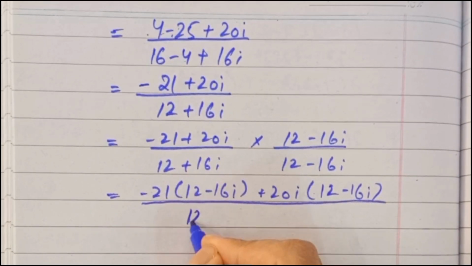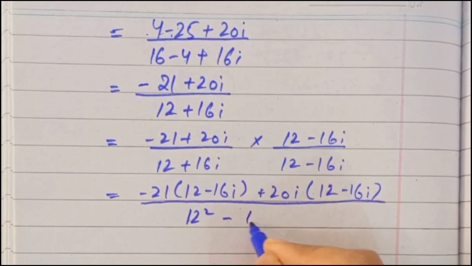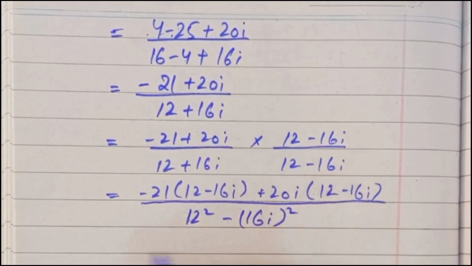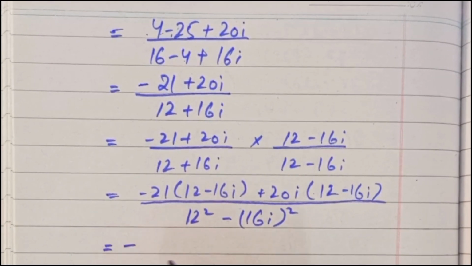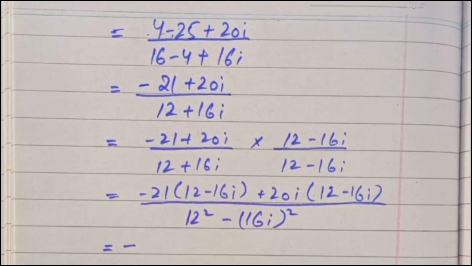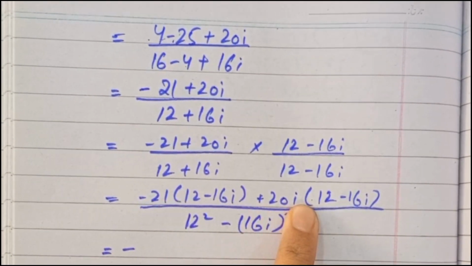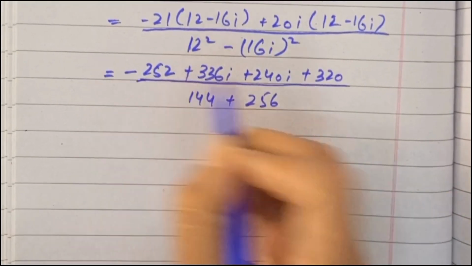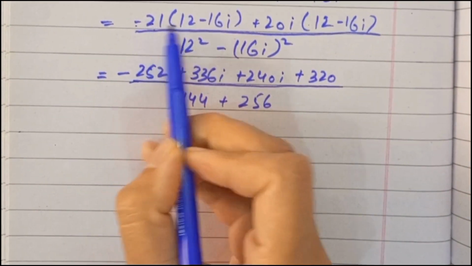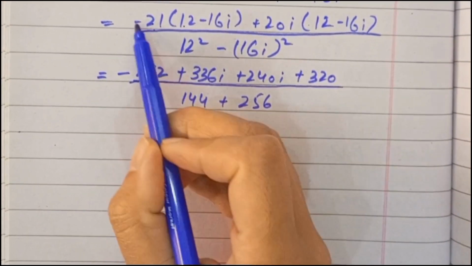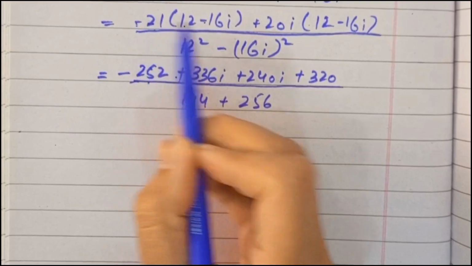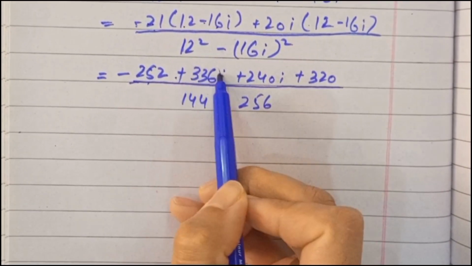In the denominator, again there will be a square minus b square formula. In the numerator, we will multiply minus 21 with these two and then plus 20i with these two. By multiplying minus 21 with 12, we get this. Minus minus is plus. 21 multiplied by 16i is this.